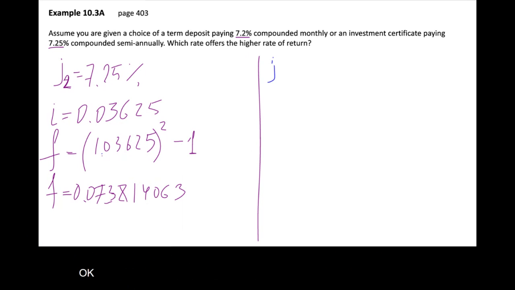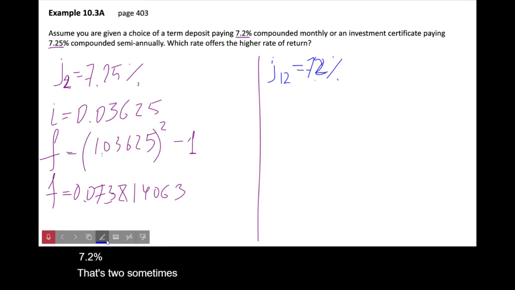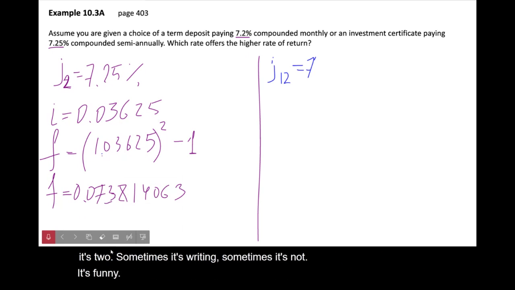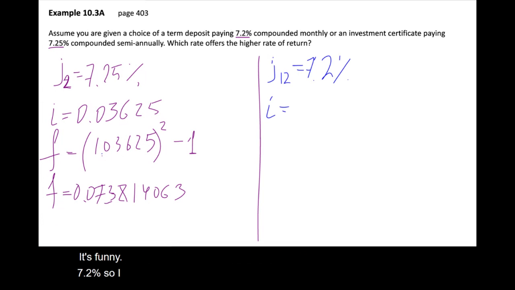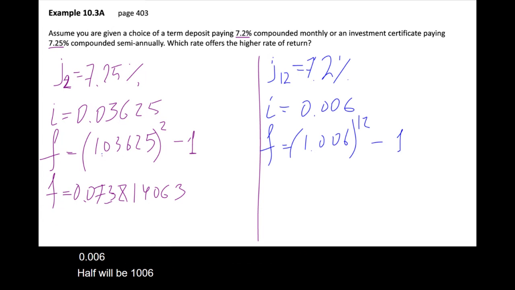Okay, let's do the same for J12, 7.2%. So i is 0.006, and F will be 1.006 exponent 12, minus 1.